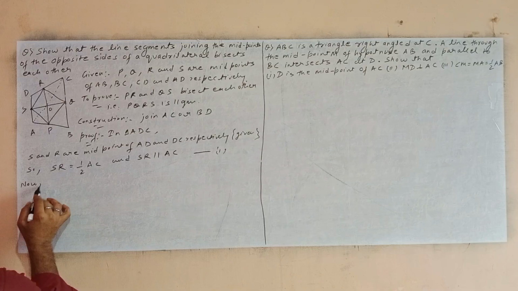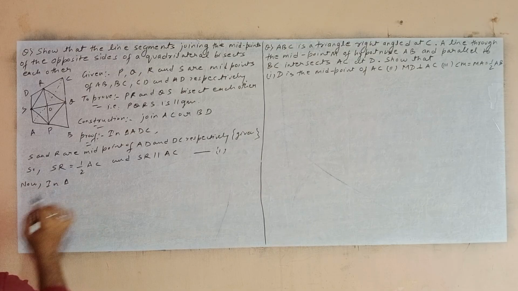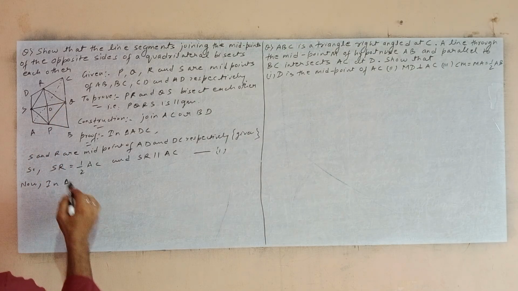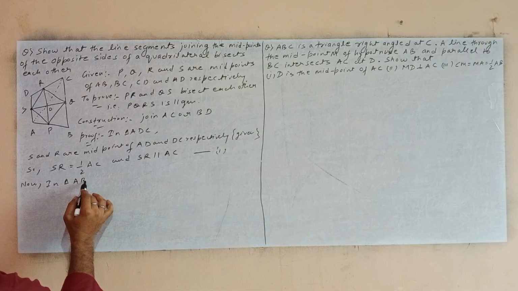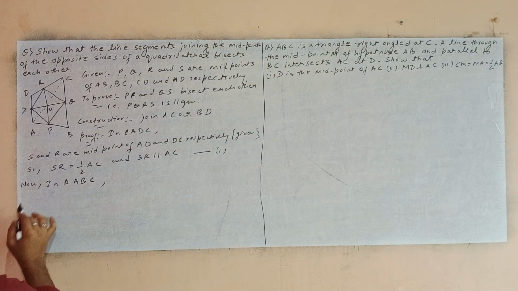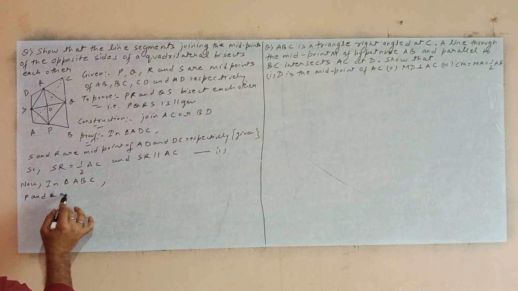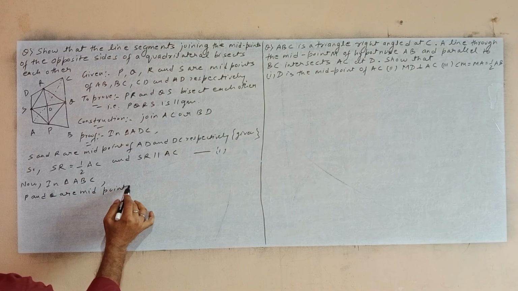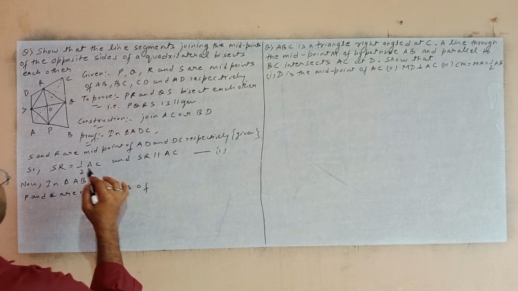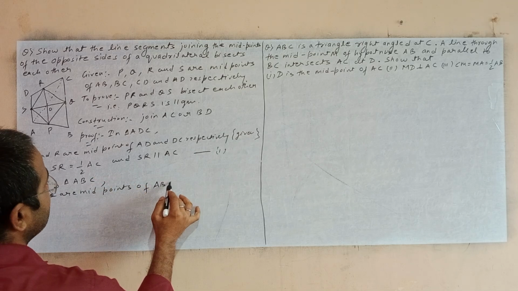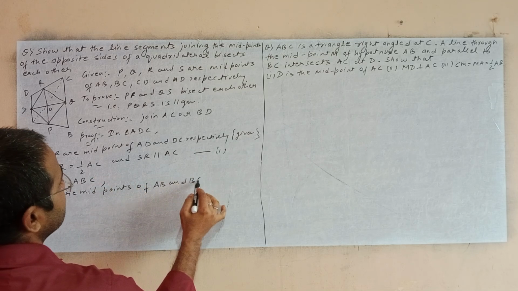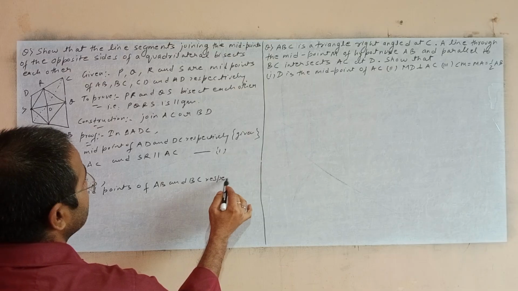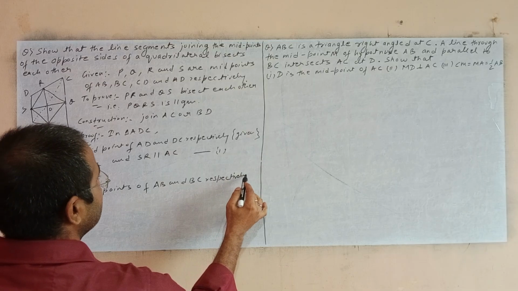Now in triangle ABC, what is given? What will you write? P and Q are midpoints of AB and BC respectively.